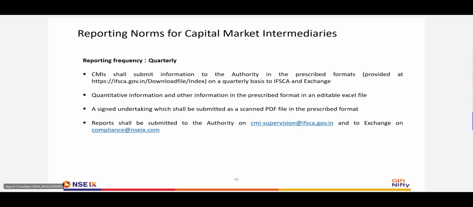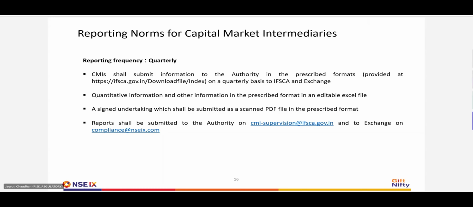Another important circular has come from IFSCA. This is IFSCA's circular, and they have started with respect to quarterly reporting. This has to be done as per the format, which can be downloaded from the website. We have already issued a forwarding circular, and the circular is also on the IFSCA website, dated 8th of February 2024.